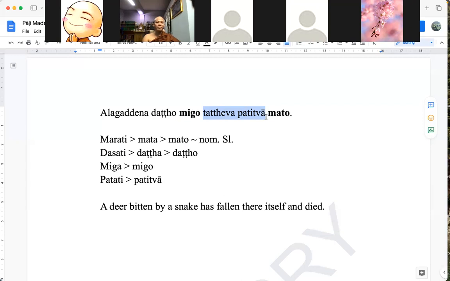So like how the entire phrase alagadena dato is the modifier for the migo, right? And the entire alagadena dato migo is the subject, right? Right. So if I want to divide it into two clauses, let's say a deer which is bitten by the snake, or was bitten by the snake, has fallen there itself and died, how would the Pali change?